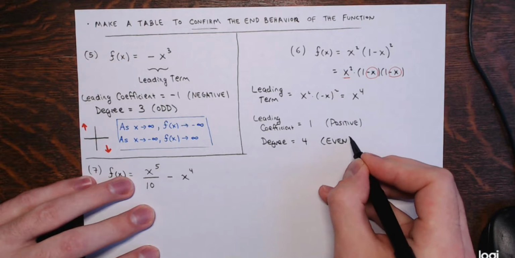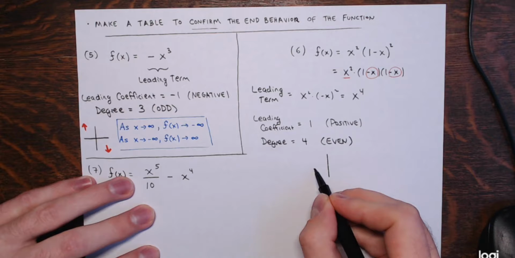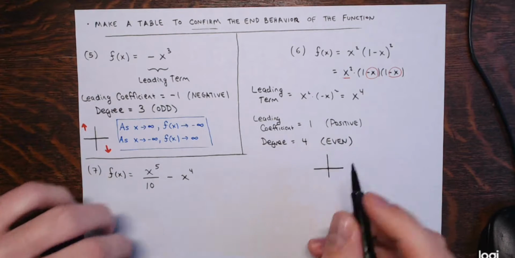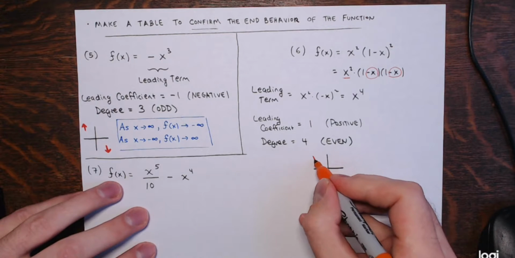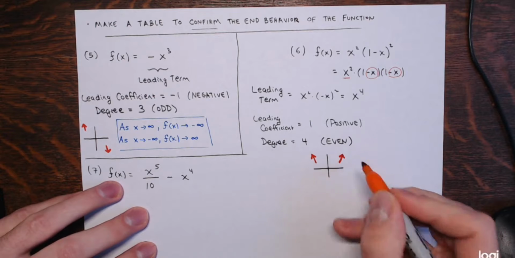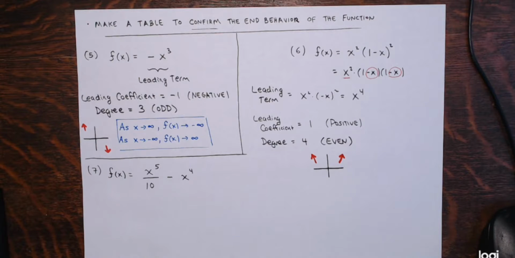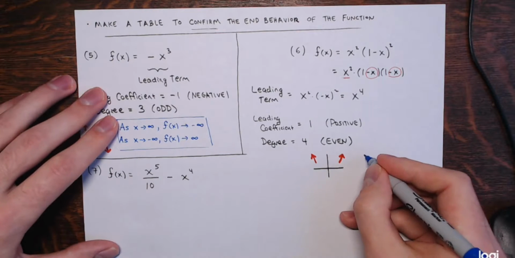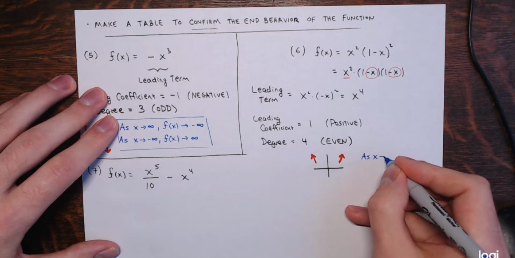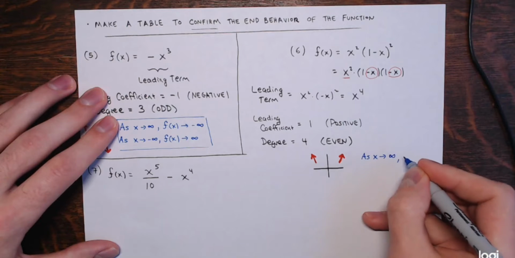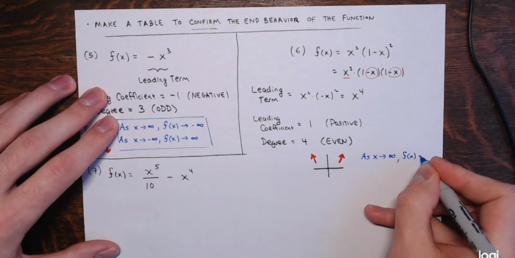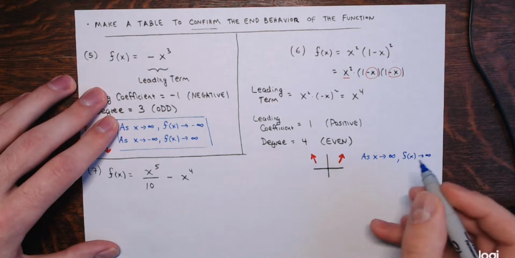So the graph of this thing with a positive lead coefficient and even degree is going to be going up to the left and up to the right. Again, if you want to describe that, as x goes to infinity, the value of the function is going to infinity as well. The graph's going up.